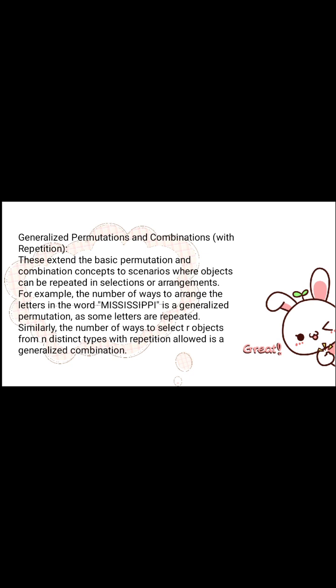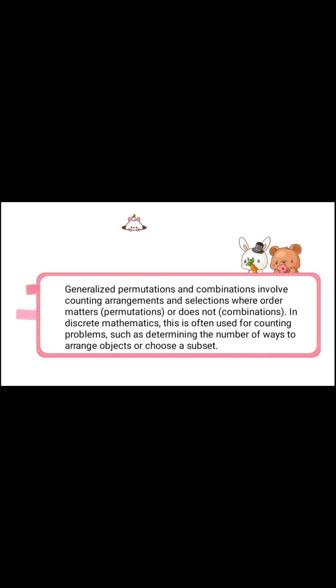Generalized permutations and combinations also involve counting arrangements and selections where order matters in permutations or does not matter in combinations. In discrete mathematics, this is often used for counting problems such as determining the number of ways to arrange objects or choose a subset.